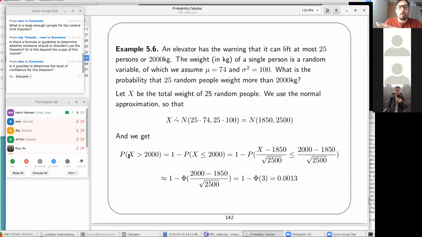So we look at the probability of x being greater than 2,000. So it's 1 minus the probability of x being smaller than or equal to 2,000. Now we subtract this expected value, 1,850, and divide by the square root of 2,500.